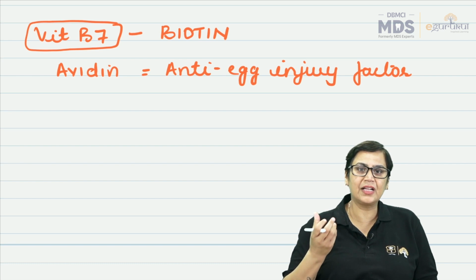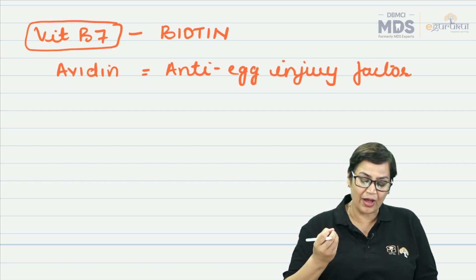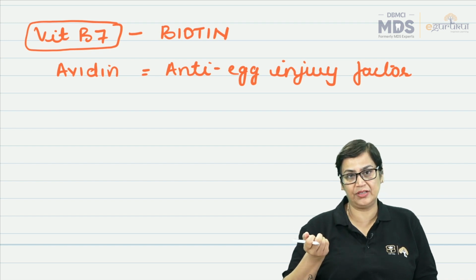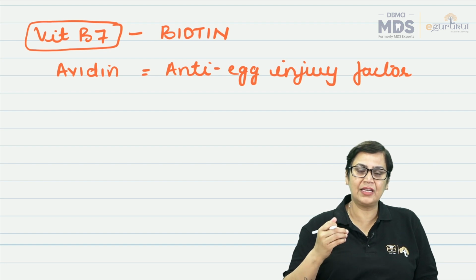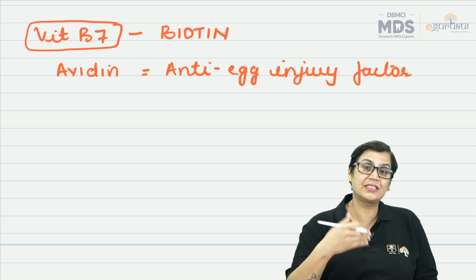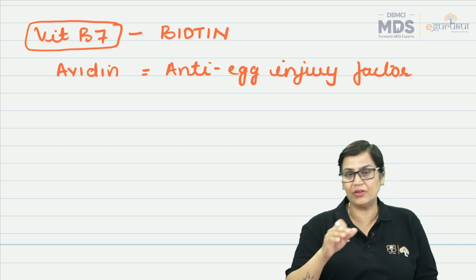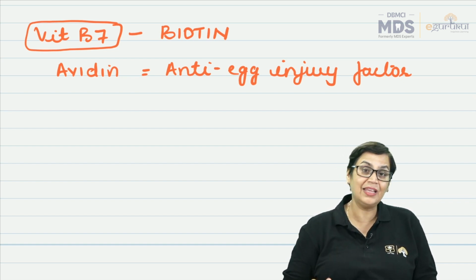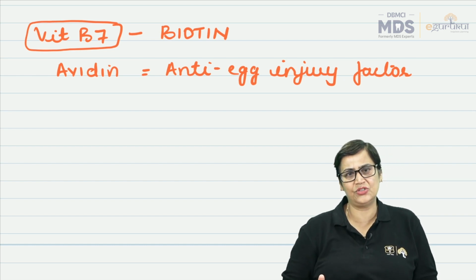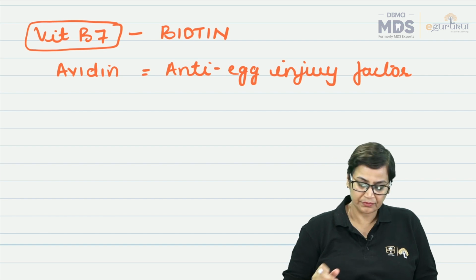So they say if a person consumes raw egg, this avidin is present, so it won't let biotin function. So immediately if a person is having raw egg in the diet, supplementation of biotin has to be given, which reverses the action of avidin, because biotin is required for so many important carboxylation reactions in the body.